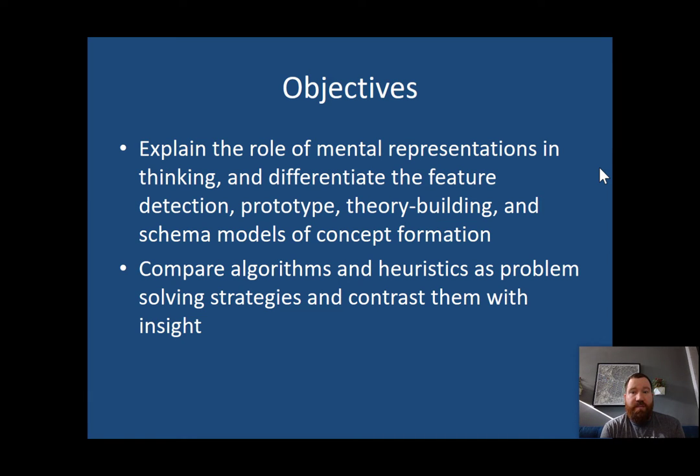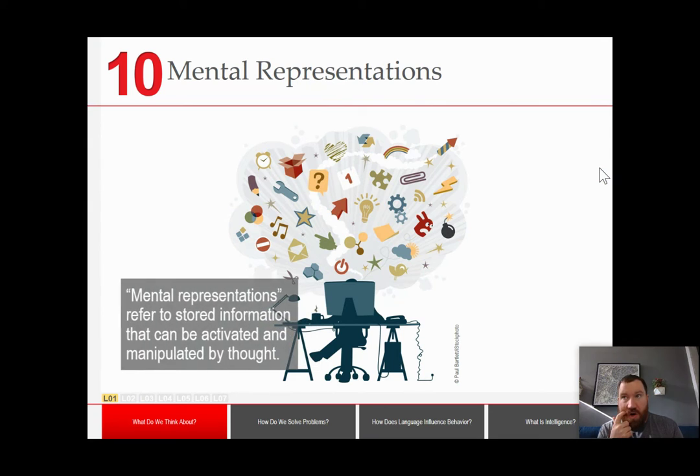So let's dive right in. If you remember, guys, cognition basically just means thought. And when we've talked before in the history of psychology, cognitive psych is the study of our internal world, right? Our mental life. So when we talk about cognition and thought, what we're really talking about is something that we call mental representations.